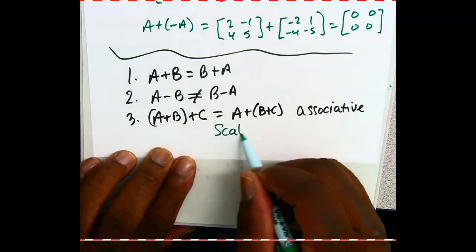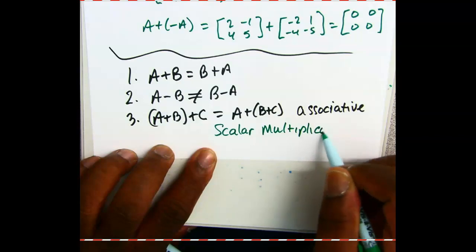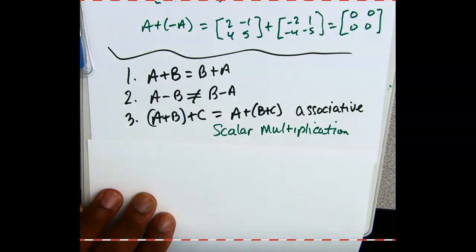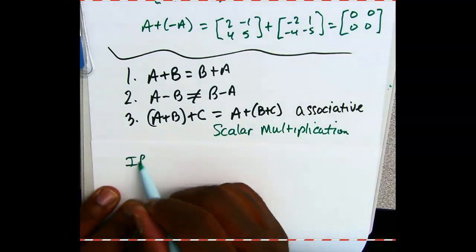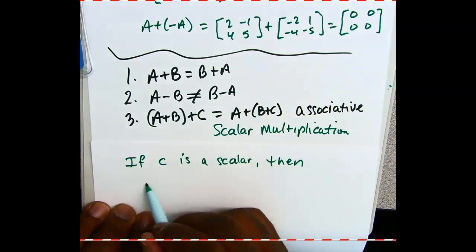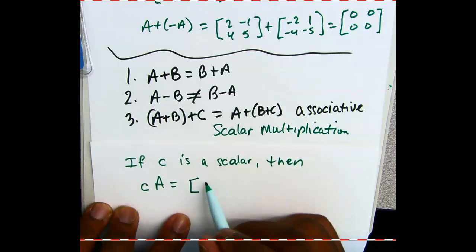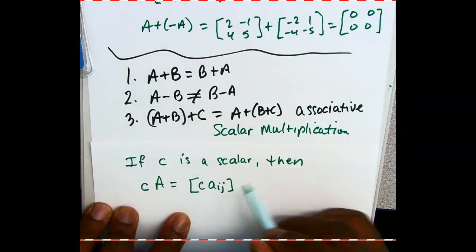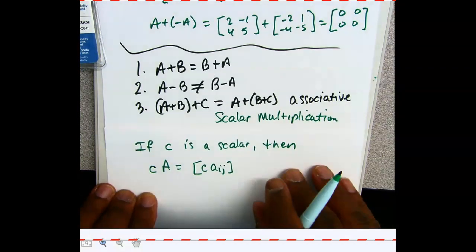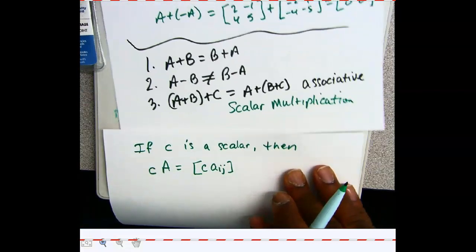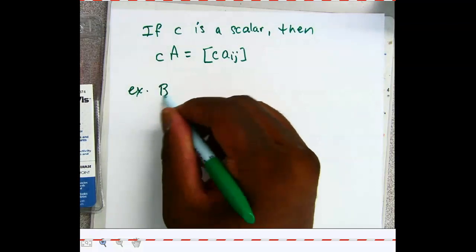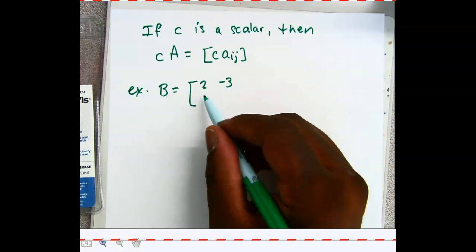And now scalar multiplication. So what scalar multiplication says is if C is a scalar, then C times matrix A is really equal to C times each of the elements in matrix A. So you're just going to multiply every element by C. So example, let's say matrix B is equal to 2, negative 3, and 5, negative 6.